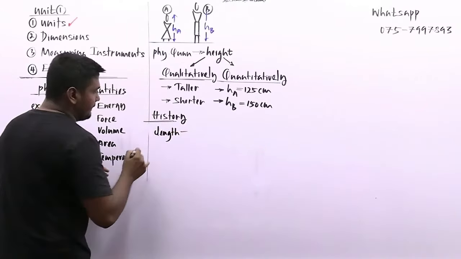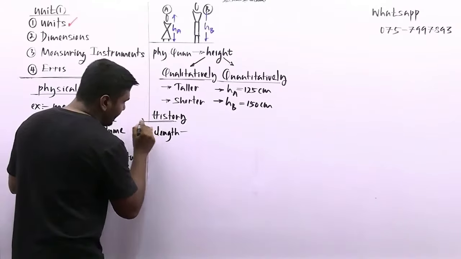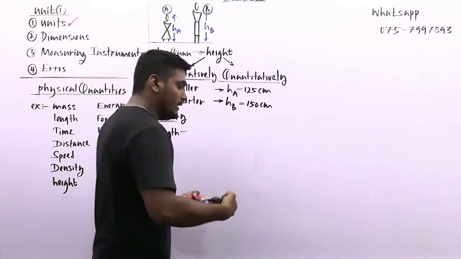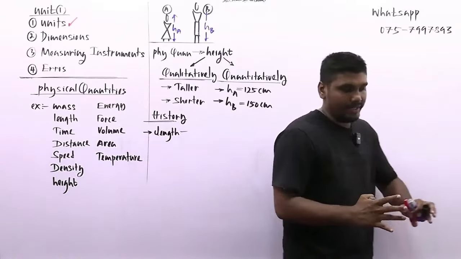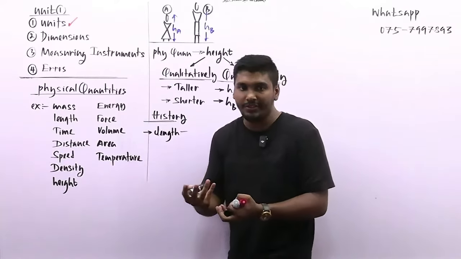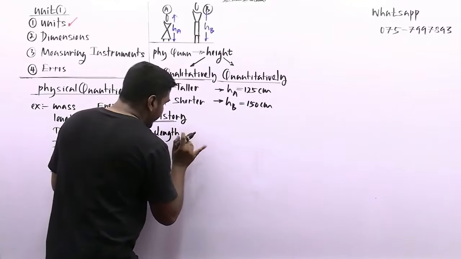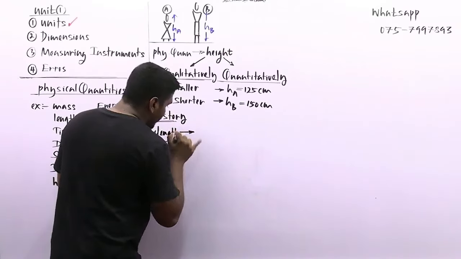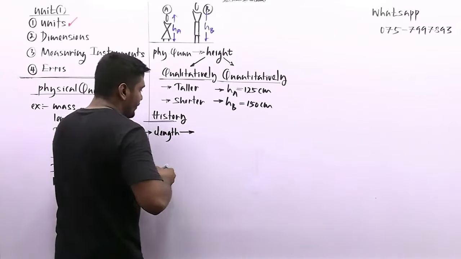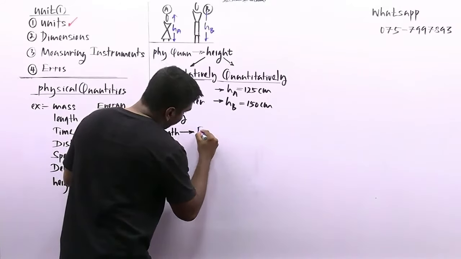Length of a house, length of some kind of object. To measure the length, they were using some ancient units. They were called inch, if not feet.